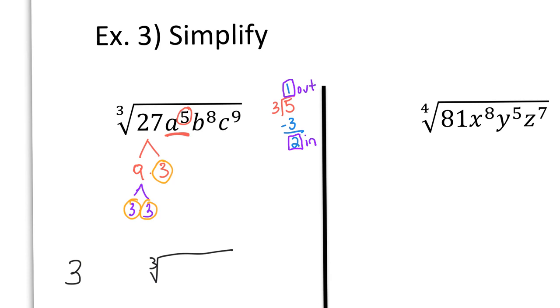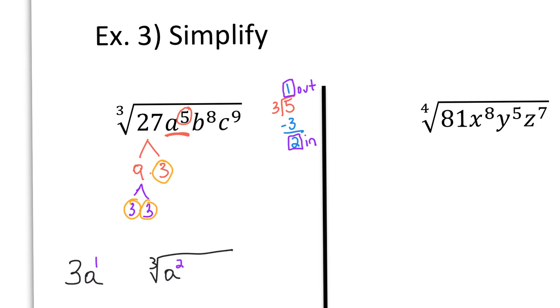So what do I mean? Here's an a outside, here's an a inside. The a outside is going to have an exponent of 1 because that's the top number. And the a inside is going to have an exponent of 2 because that's the remainder. So a to the first, a squared.